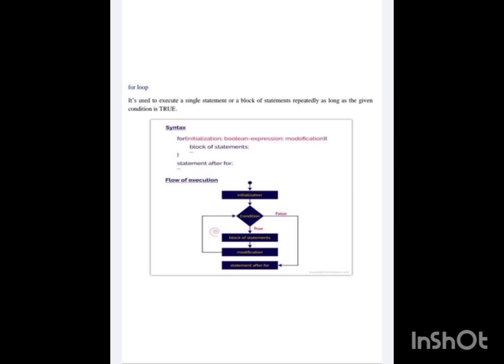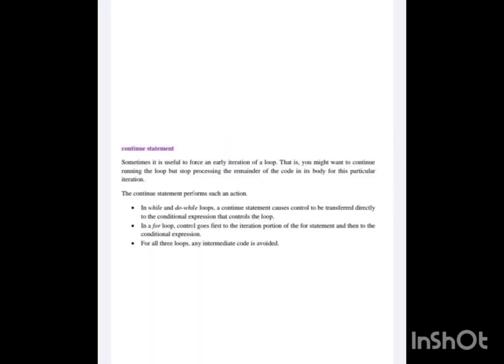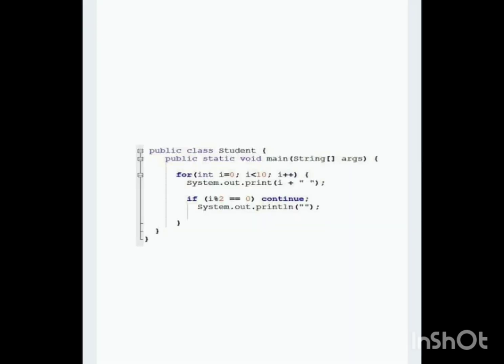In other words, there are times when you would like to test the termination expression at the end of the loop rather than at the beginning. Fortunately, Java supplies a loop that does just that: the do while loop. The do while loop always executes its body at least once.